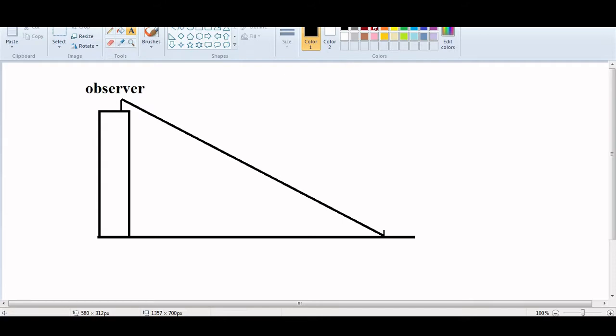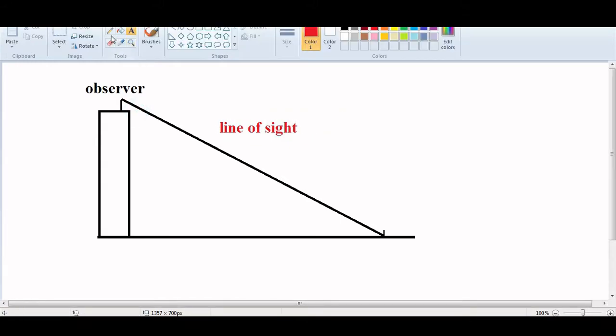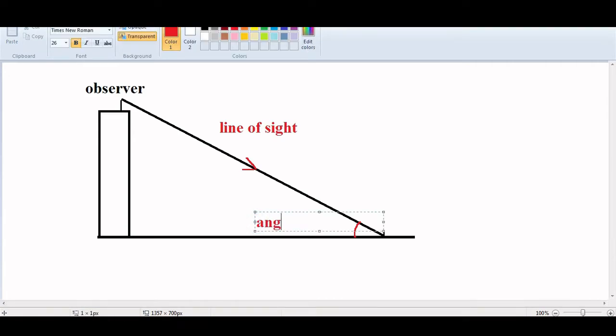This is again our line of sight. The angle formed by the line of sight with the horizontal line is our angle of depression. He is looking downwards, so this is our angle of depression.